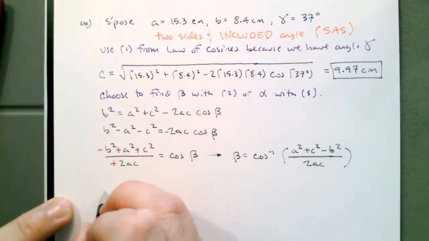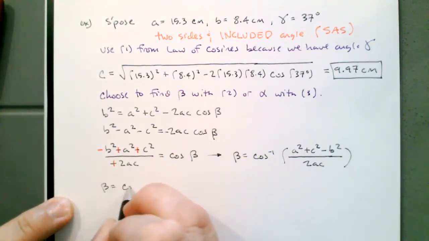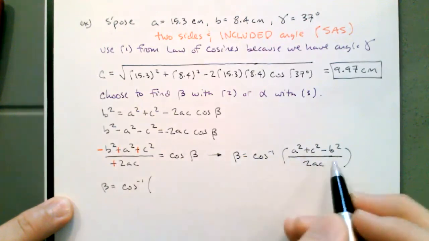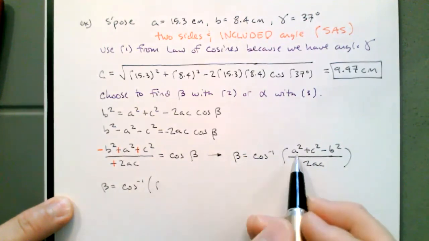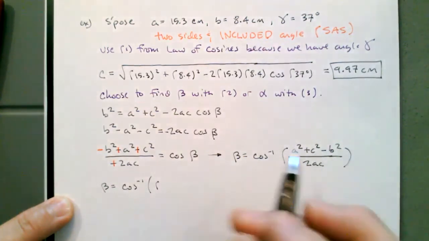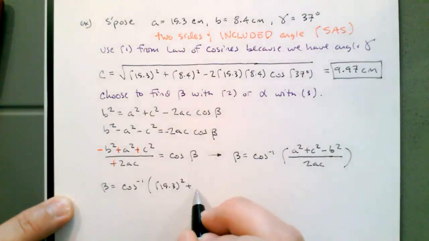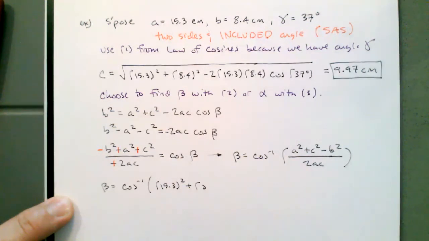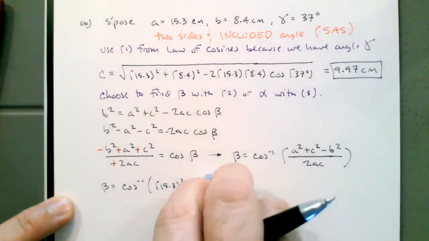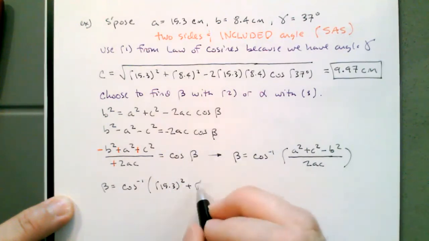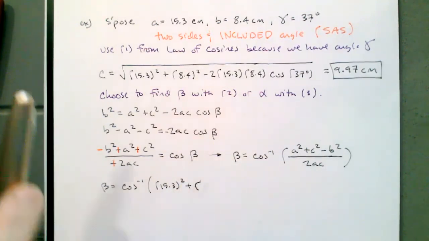Beta is the cosine inverse of the numerator, which is A squared plus C squared minus B squared. So 15.3 squared plus C squared, 9.97.